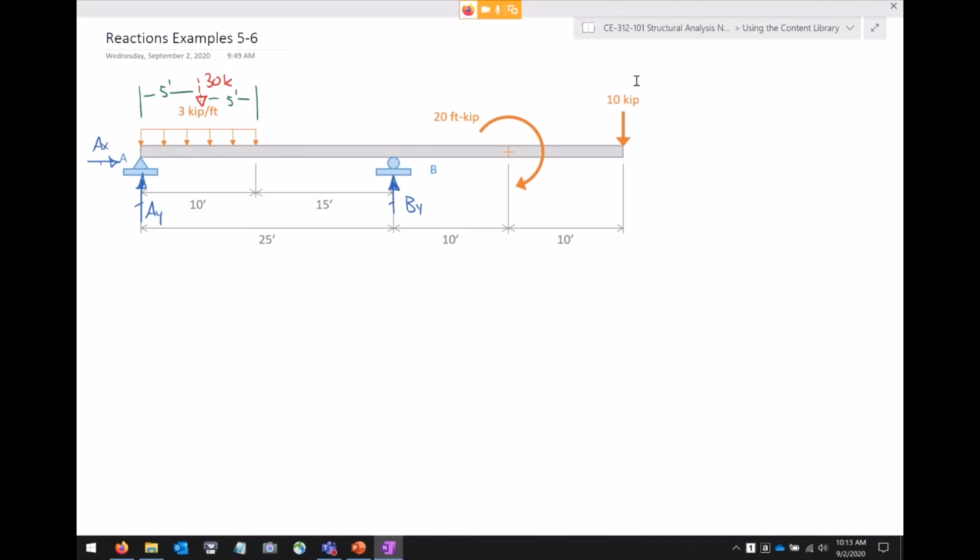In other words, if I look at this structure and I sum forces in the X direction, I don't see any forces acting to the left or to the right. So just as with a lot of the previous problems, I can state that AX equals 0. That should be pretty straightforward. What's left is to handle AY and BY.